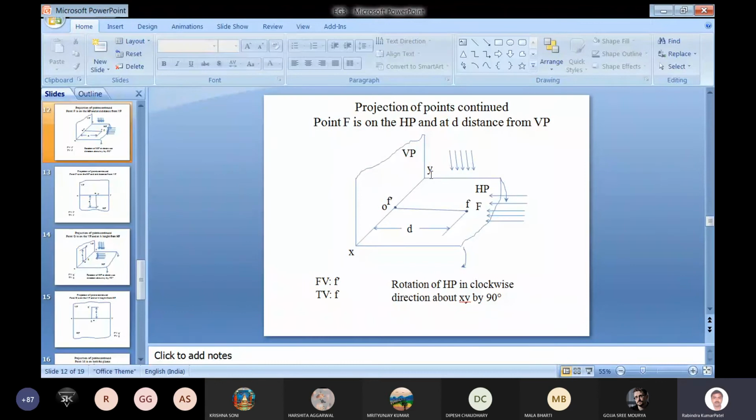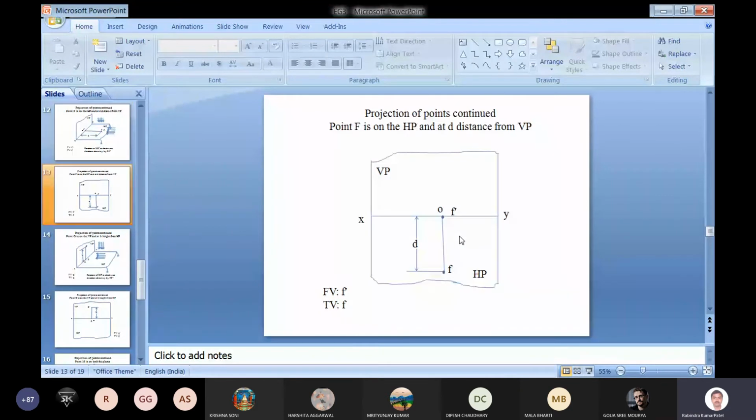So in this case, when we rotate the horizontal plane, we can get the projections. Here f is the projection of that point, which is the top view, and f dash is the projection lying on the reference line, which is the front view.